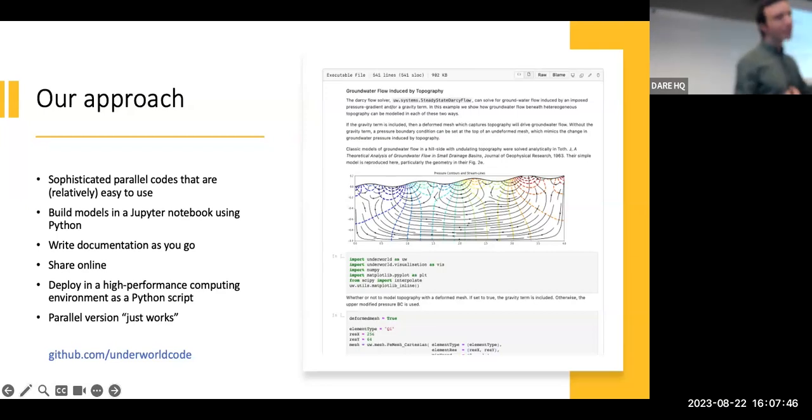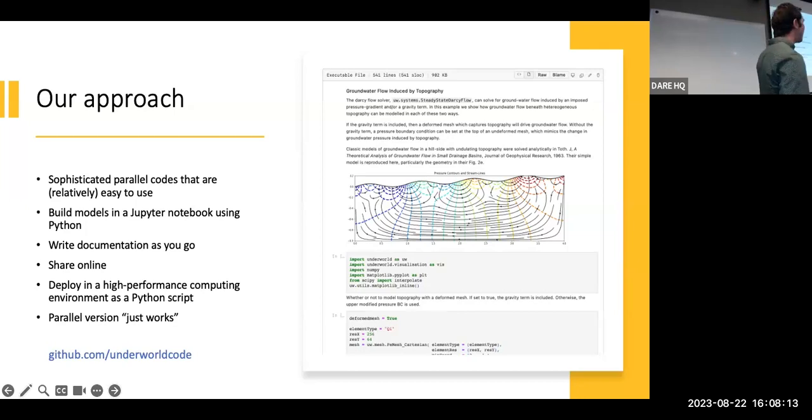You can run through these notebooks and see how the solvers operate and get into these groundwater flow problems pretty quickly. These all leverage a Jupyter Notebook environment, and we use Python as our programming interface. This is quite useful because we can share documentation as we go, write workflows which we can share with colleagues, and use the outputs of these notebooks to deploy on high-performance computing infrastructures.